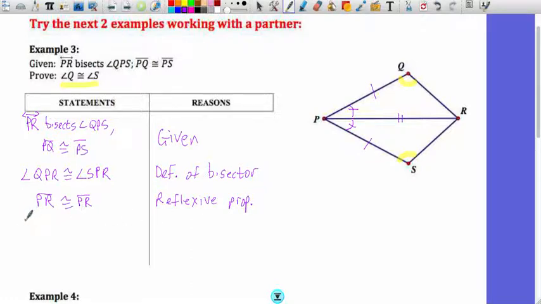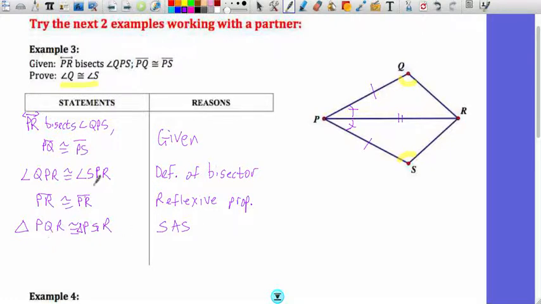We now have triangle PQR congruent to triangle PSR, and our reason, as you can see from the diagram, is side-angle-side.